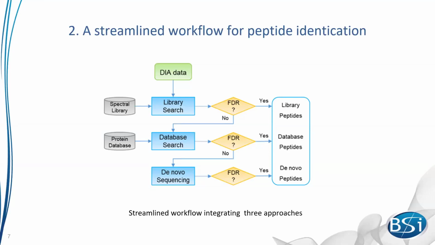Then for the remaining unidentified precursors, we see if there is any evidence from the protein sequence database to show confidence in this data, so that we can get database peptides from the data. Last, for those remaining unidentified precursors, we follow with de novo sequencing to get de novo peptides.